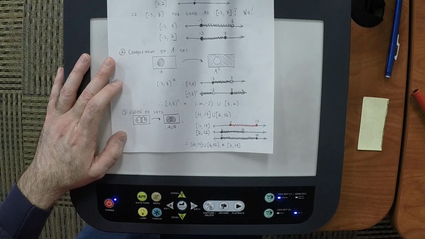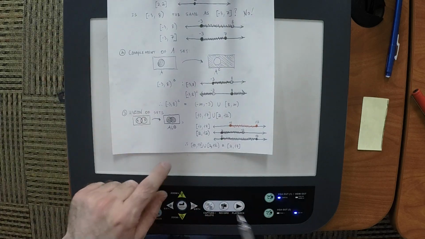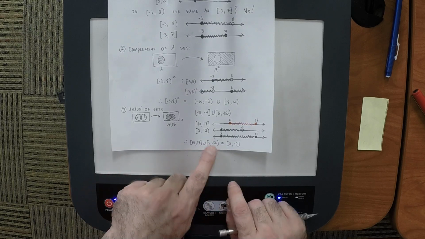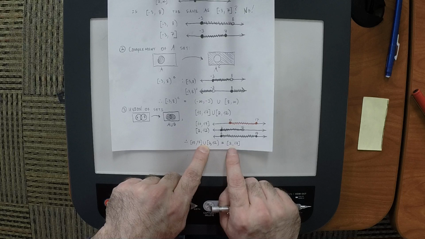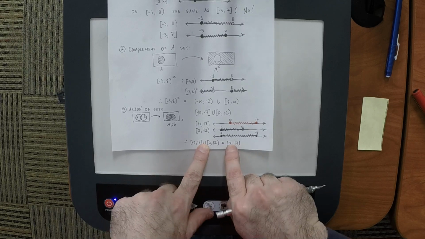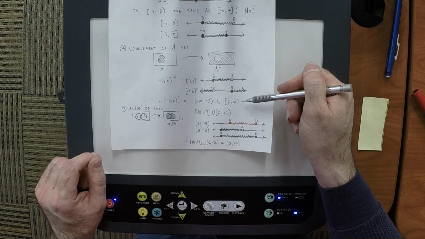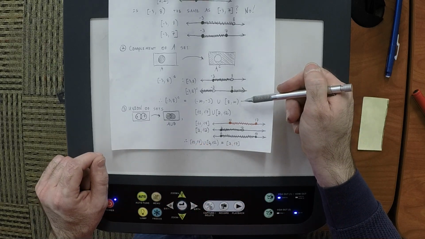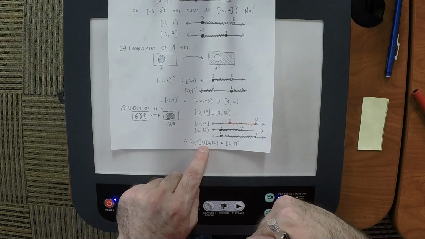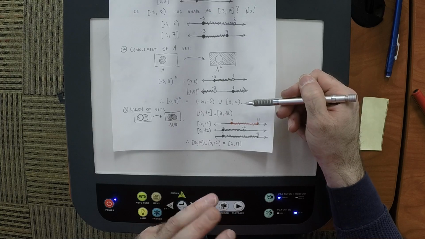Any question about that example? All right, so I have a question. On this thing, we're saying that this union right here simplifies to that interval right there. So this simplifies to that. Does this union simplify? Why not? That one simplifies to that, but this one doesn't simplify.